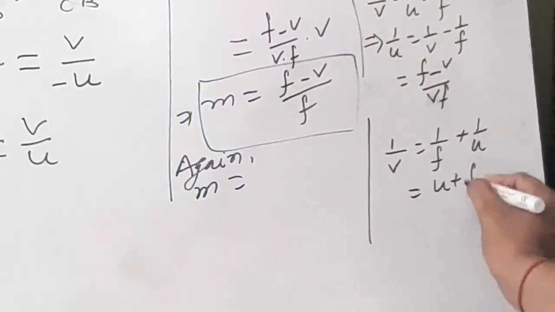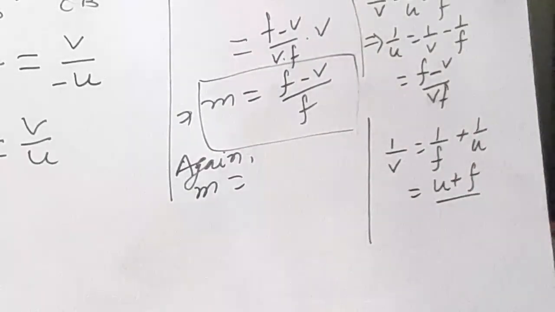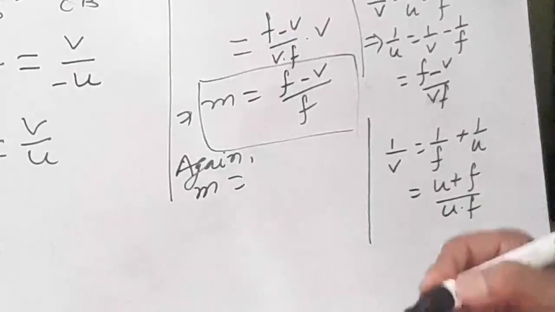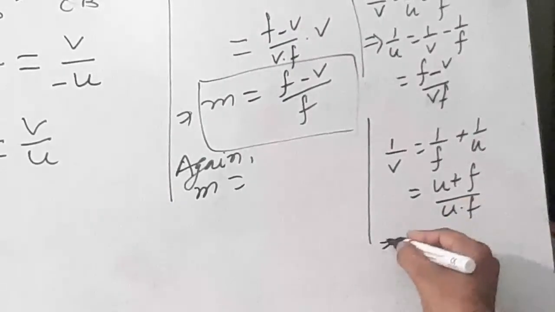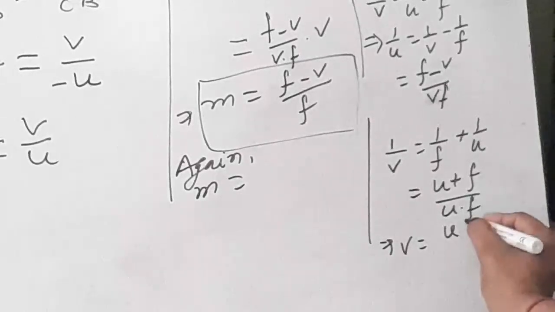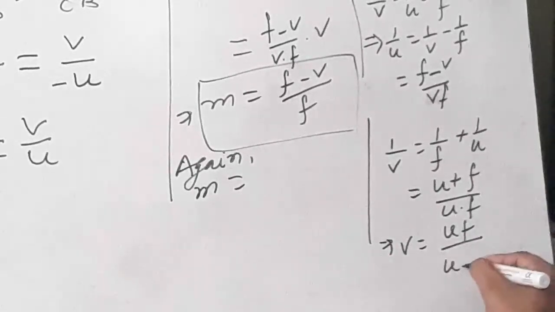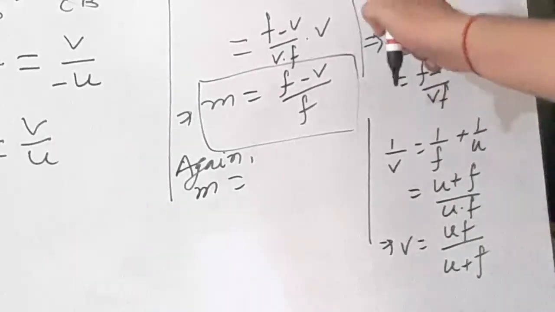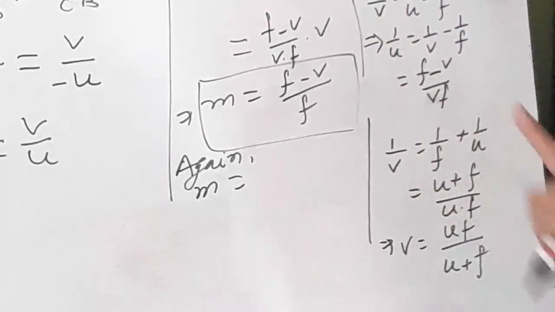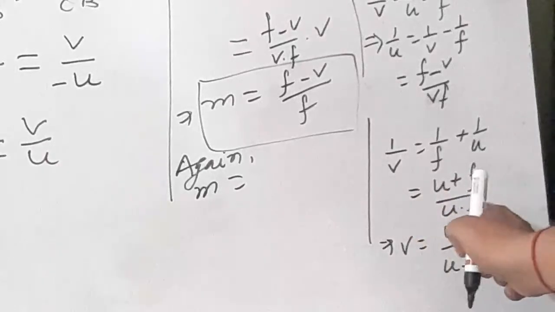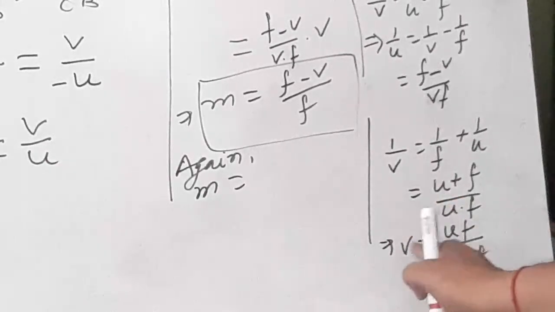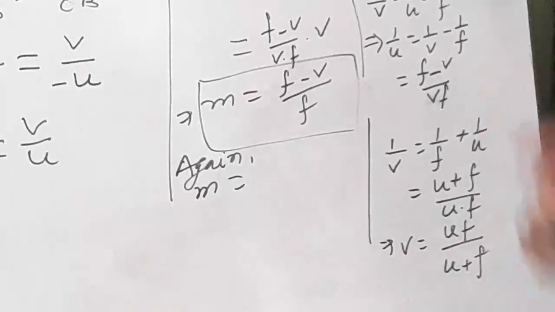It is u plus f by u into f. So v is uf by u plus f. Got it? Means 1 by v is equal to 1 by f plus 1 by u. u into f will be the LCM. It will be u plus f. Then v is equal to uf by u plus f.